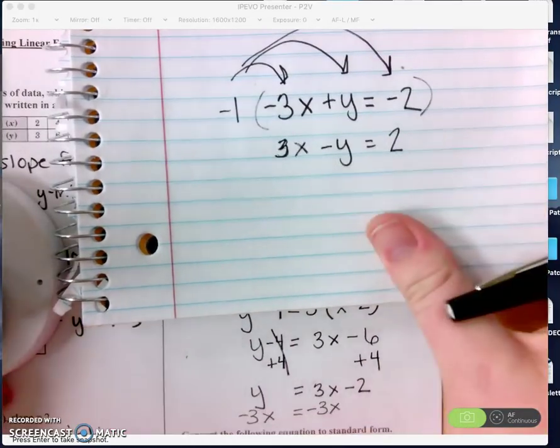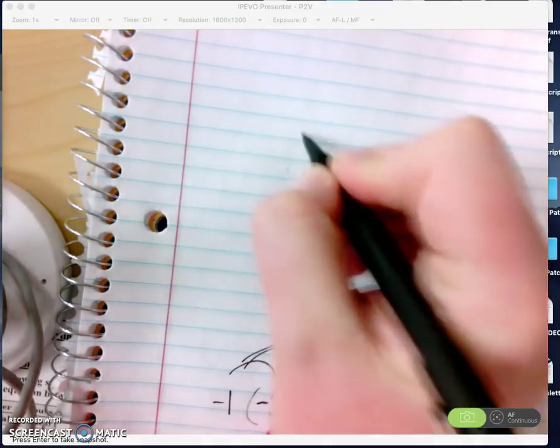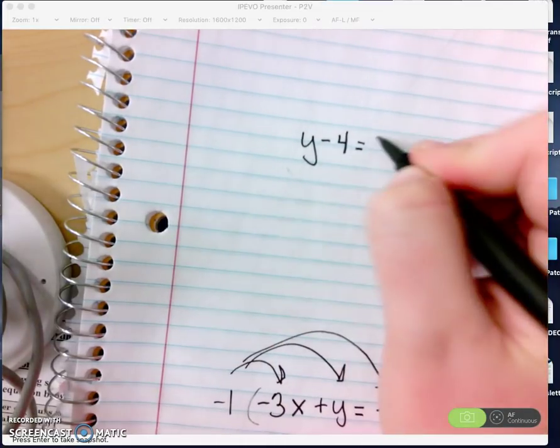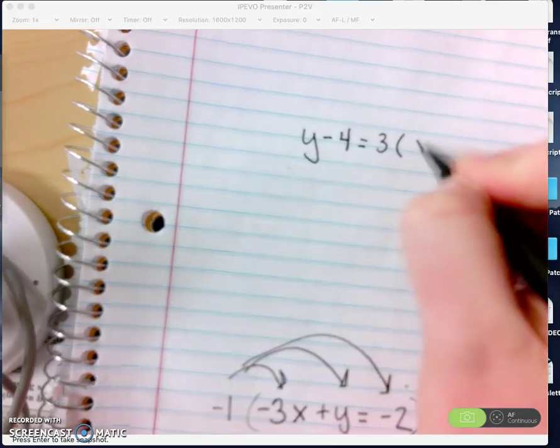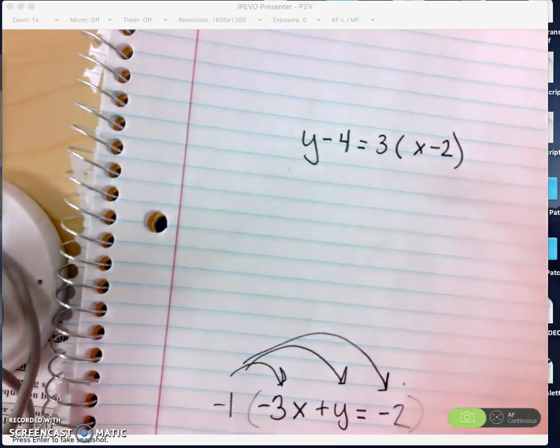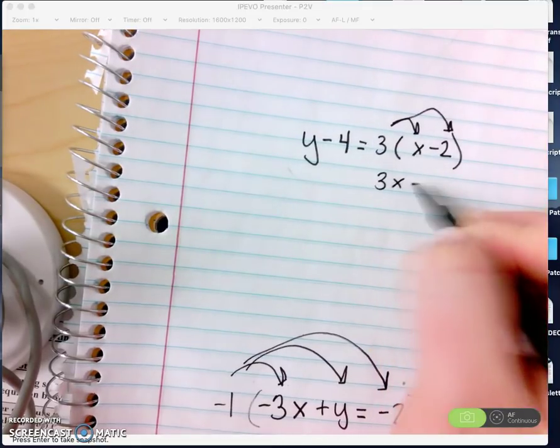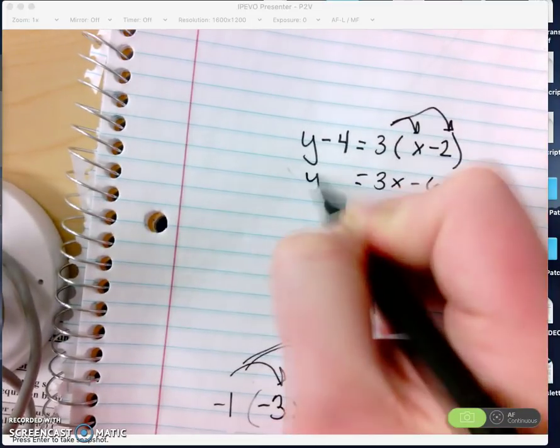So instead, I'm going to go back and rewrite my problem from my point-slope form. So y minus 4 equals 3 times x minus 2. I'm going to distribute just like I did last time, and I get 3x minus 6. Everything else stays the same.